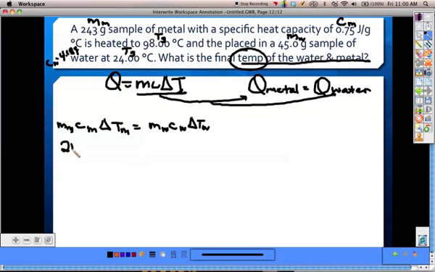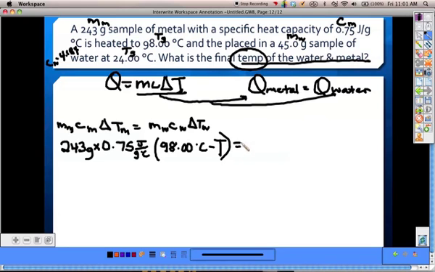I know 243 grams of sample is multiplied by the specific heat of that metal, which is 0.75 joules over grams degrees Celsius. It's going to be multiplied by my 98.00 degrees Celsius minus that temperature that I'm going to end up with.